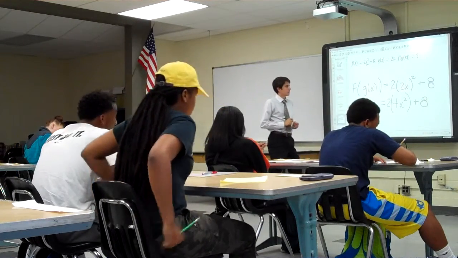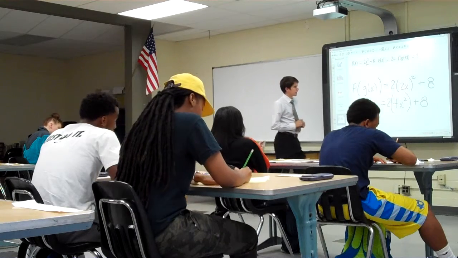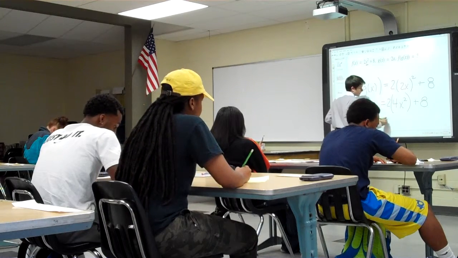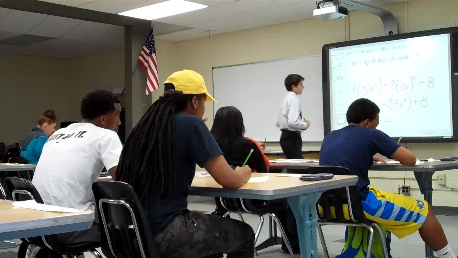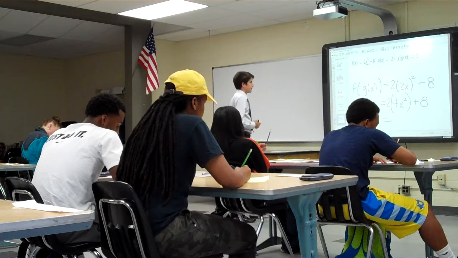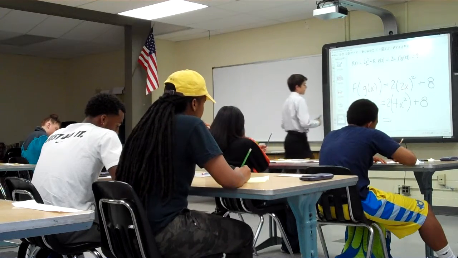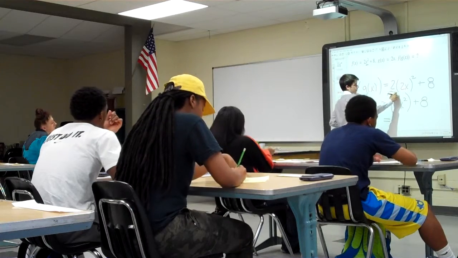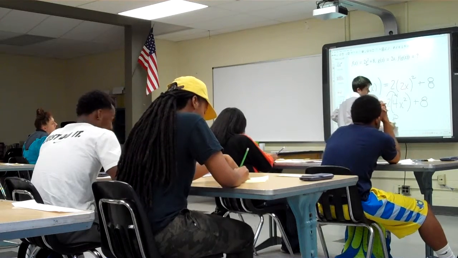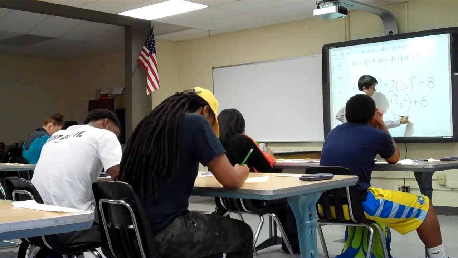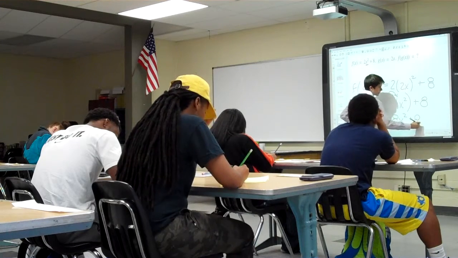Am I done? And what do I get, Daryl, when I simplify this? 8x squared plus 8. That's right. We have a 2 times a 4x squared. That's an 8x squared plus 8.